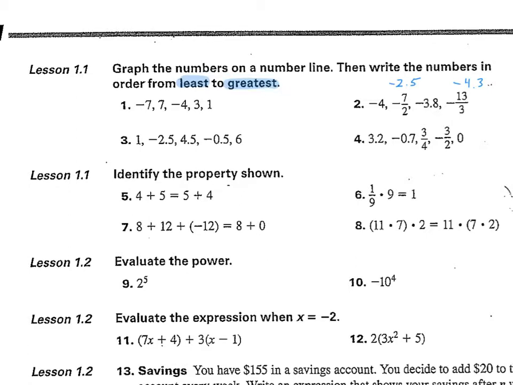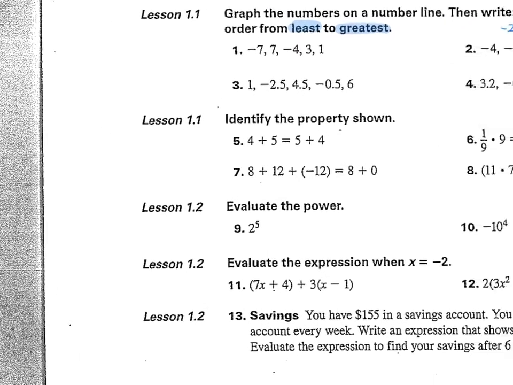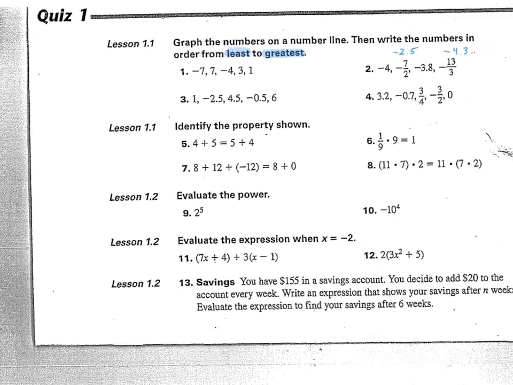We want to identify which property is being shown on here. Now, yesterday we reviewed this in class, so I'm just going to brush this to the side, shrink it down a little bit.